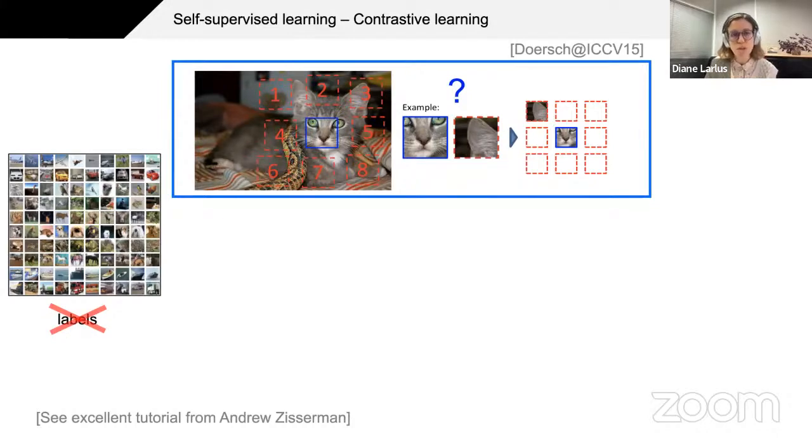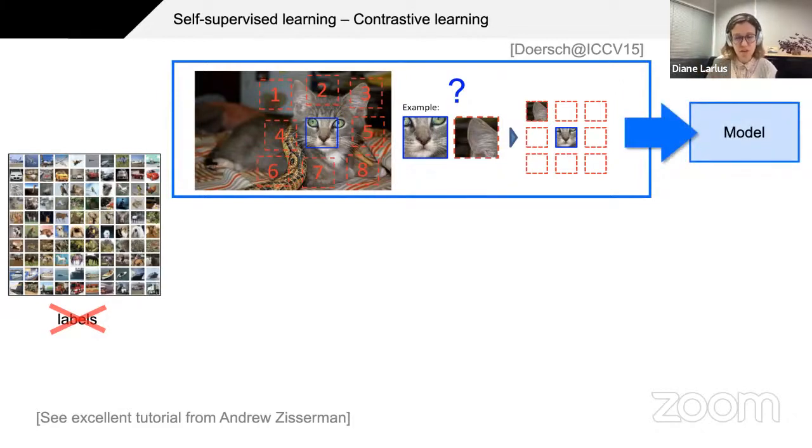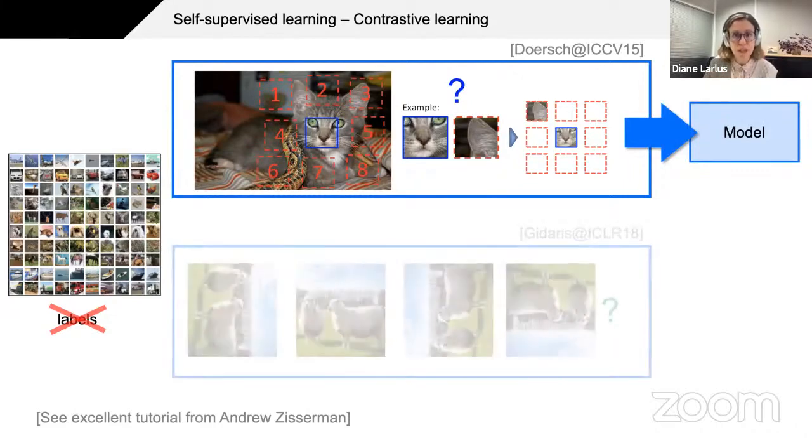You need to choose one position among all the possible positions around the anchor patch. But the ground truth, the correct location, is not something that has been provided by human annotators. It is something that has been automatically extracted from the data itself. And by training a classifier to get this task right, over thousands of patches on thousands of images, you can build a model that is actually leading to very strong visual representations. And that was quite an interesting observation.